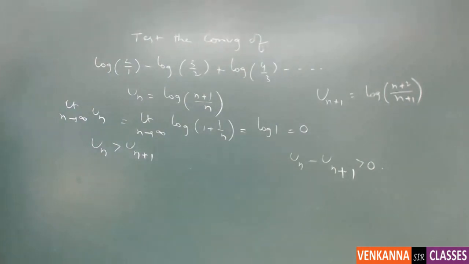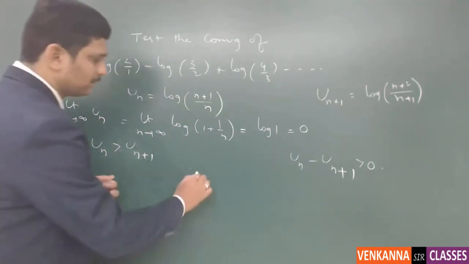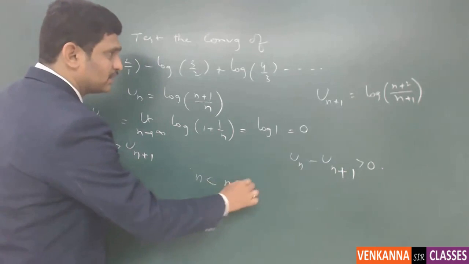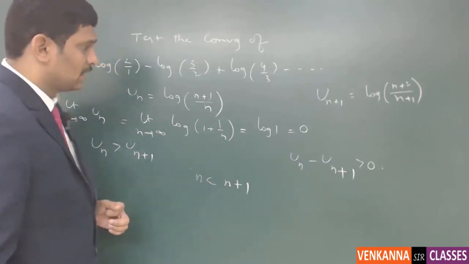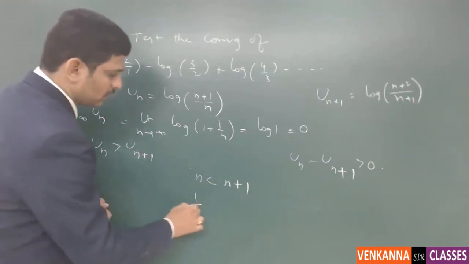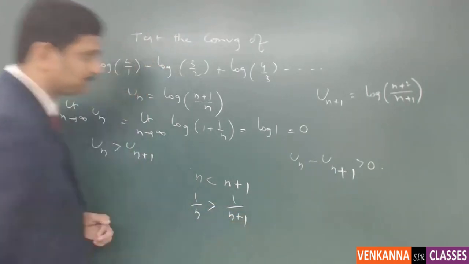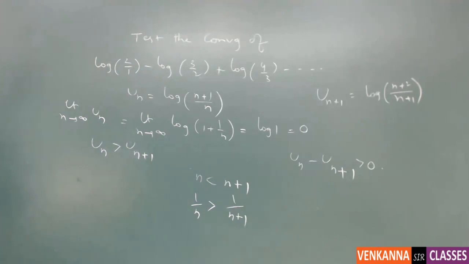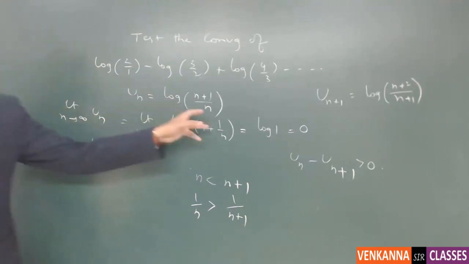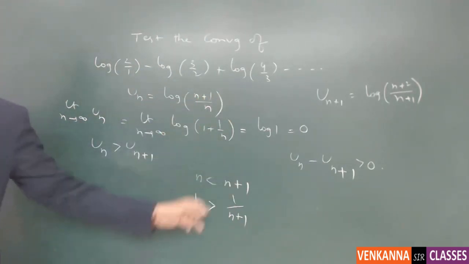That is one logic. Otherwise, if you are able to build a construction for the two things, then you can do. How can you? One logic is, I can say like this, n is less than n plus 1 and 1 by n is greater than 1 by n plus 1. By comparing the terms, you should bring a relation for them.